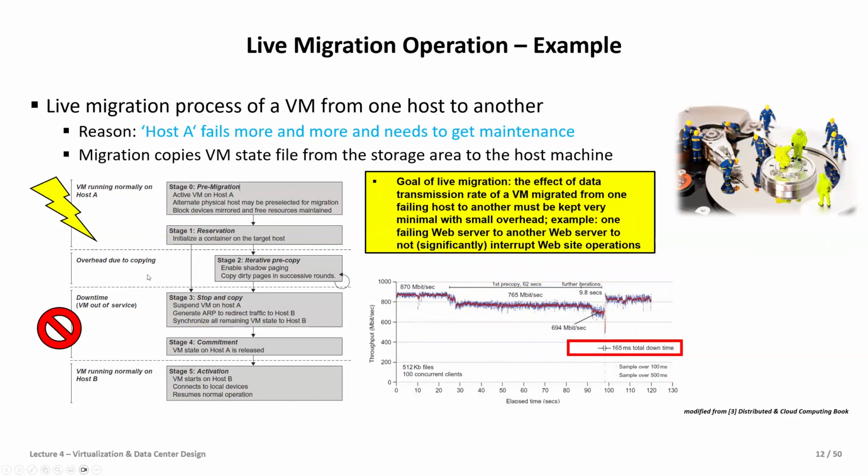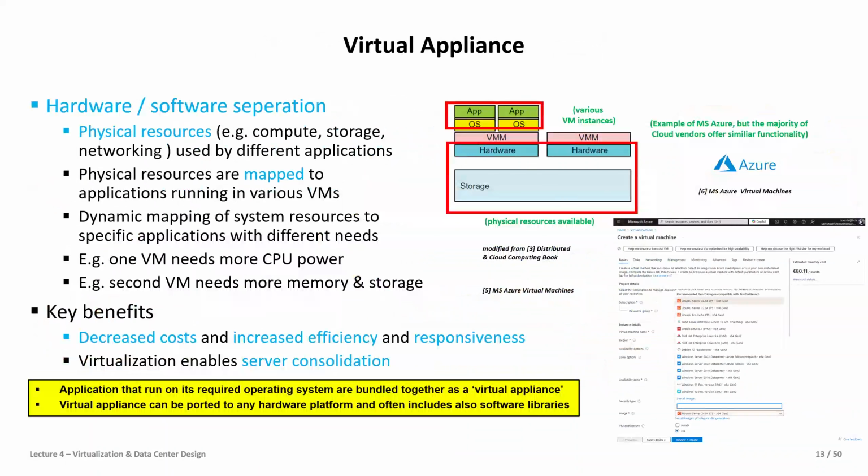And with this, when the initial errors become more obvious, you can suspend the VM on host A and redirect elements to host B. And in the end, continue the operation on host B, having hopefully a very low downtime. And this affects the service level agreements in cloud computing operations very much, and is also enabling us to work with different users at the same time.